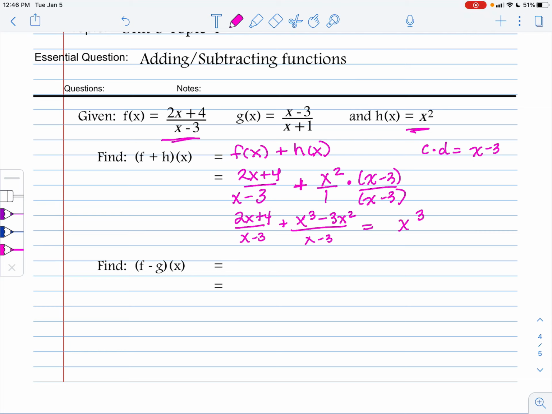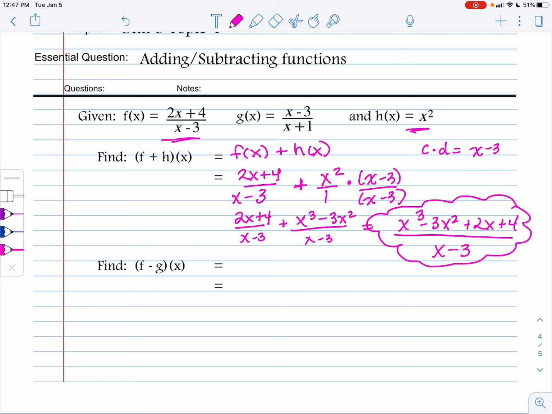So I've got x cubed minus 3x squared plus 2x plus 4 all over our denominator x minus 3. You can't cross off things that are in the numerator and the denominator just willy-nilly. There is nothing here that we can cross off or cancel. This is our answer.